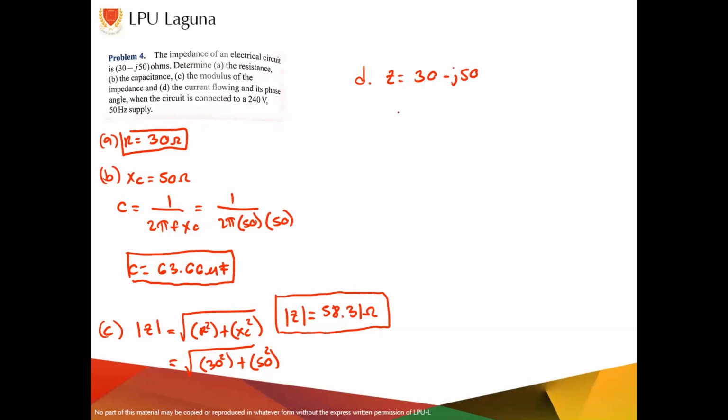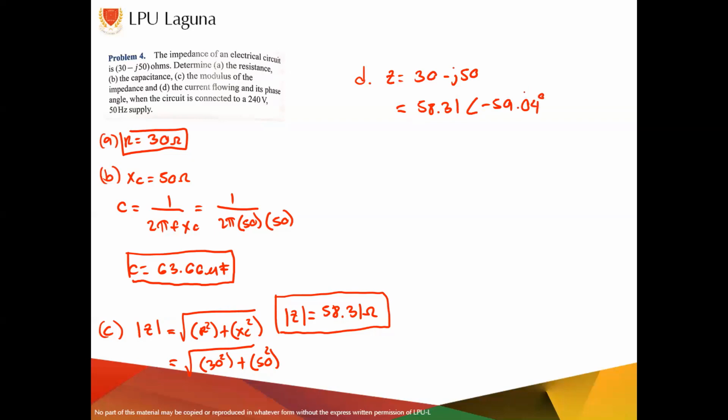Pag kinonvert natin siya sa polar form, magiging siyang 58.31 bar angle negative 59.04 degrees.